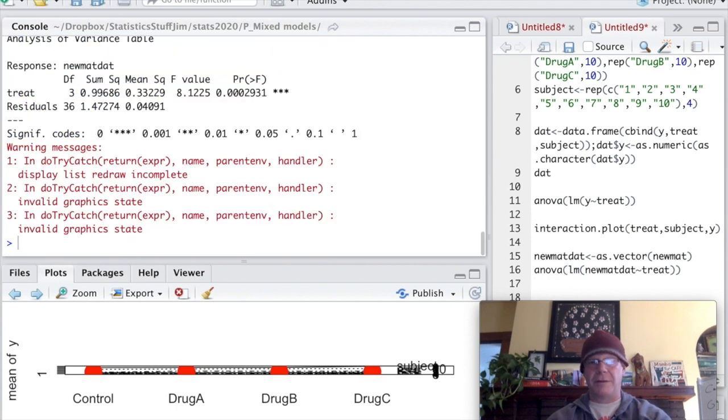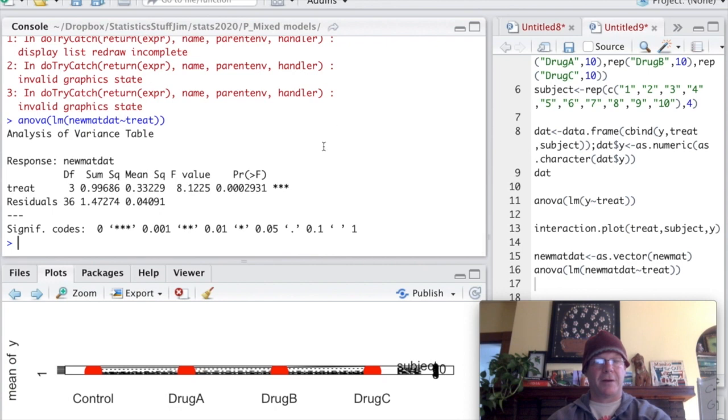And we go ahead and do that, and I get the same annoying warning messages I seem to always get. And now we look at this and the p-value is significant now, which it wasn't before, so that might make us feel good, but we should still not feel too good about this model because we still have 36 degrees of freedom in the model.